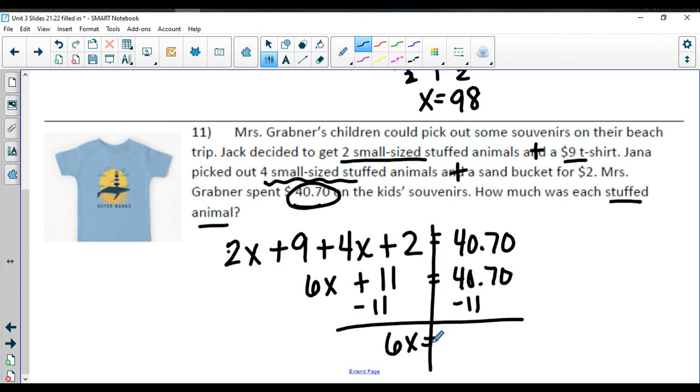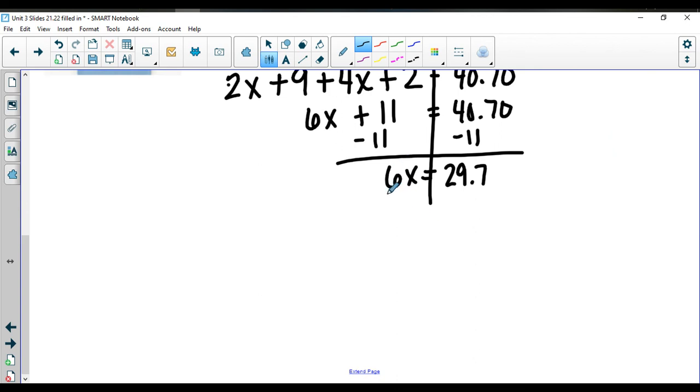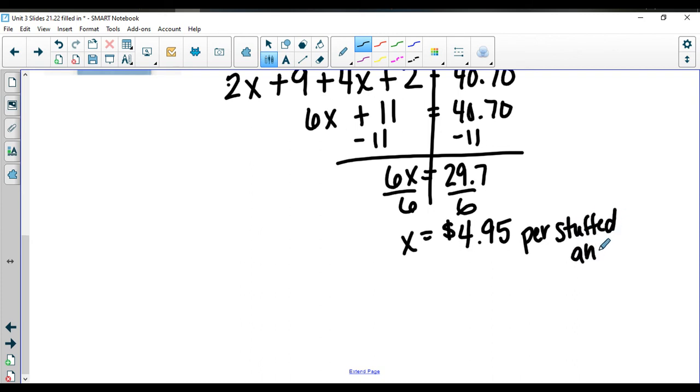So $40.70 minus $11 is going to give me $29.70 or 29.7. Divide through by the 6 stuffed animals, and x is equal to $4.95 per stuffed animal.